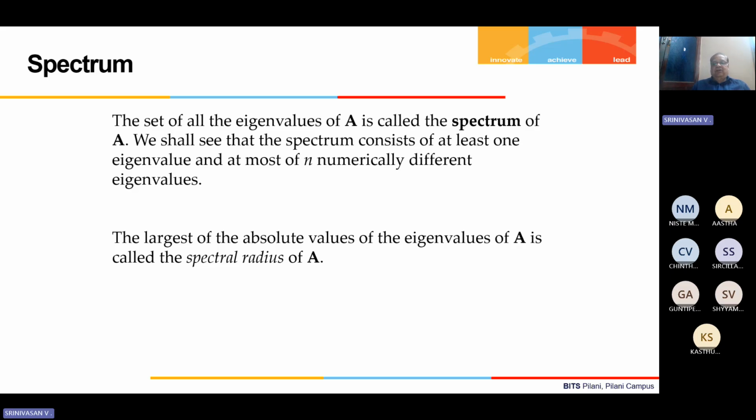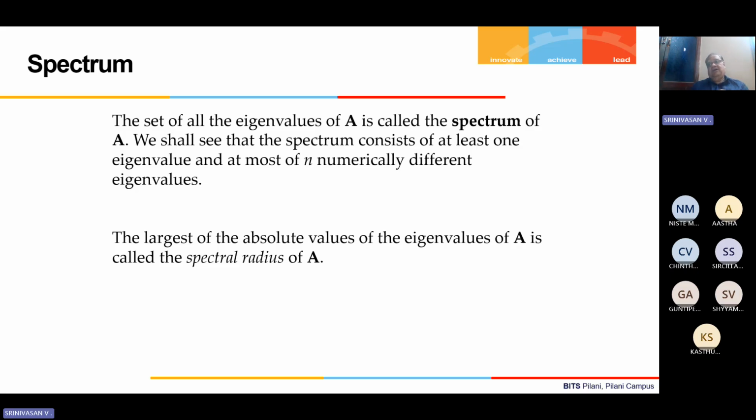But here, what is given? The absolute values of the eigenvalues you need to find. Modulus of minus 4 is 4. Modulus of 1 is 1. Modulus of 2 is 2. So even though minus 4 is the least as an eigenvalue, when you take its absolute value, it becomes the largest of the given eigenvalues.